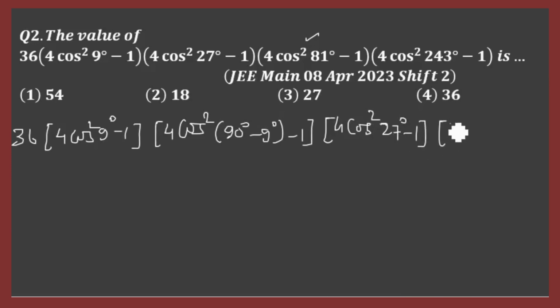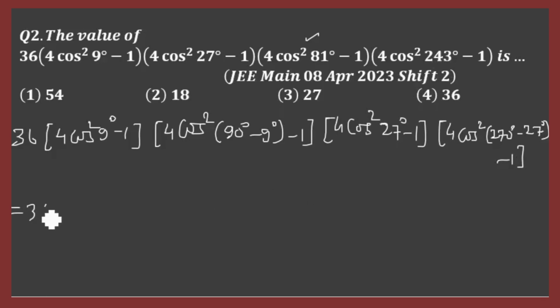And for the last one, 243, I will write 270 minus 27, minus 1. So that is 243 basically.